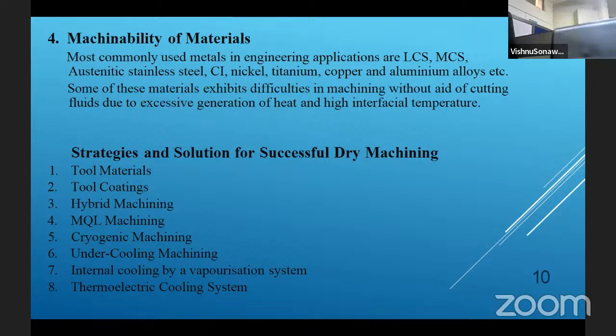Due to the heat retention and heat generation, the temperature increases, and the microstructure changes. This white layer appears above the layer of the workpiece or the machined part. This is the main challenging task during dry machining.